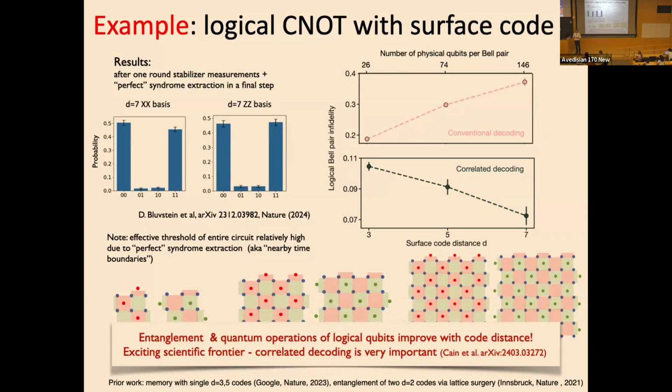And maybe the implication of your question is, can you build a universal gate set from transversal gates? There is the Eastin-Knill theorem, which tells us that you cannot have non-Clifford operations transversally. But it turns out that the way to circumvent this theorem is to use, for example, the T-gate, preparing some states which are non-Clifford and then injecting them.